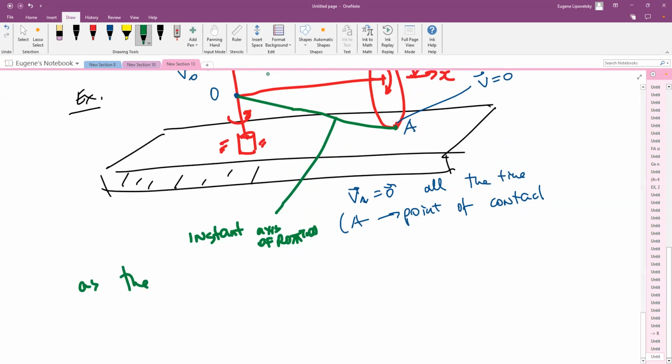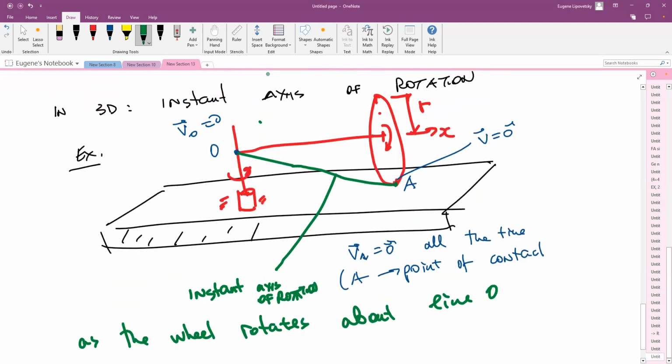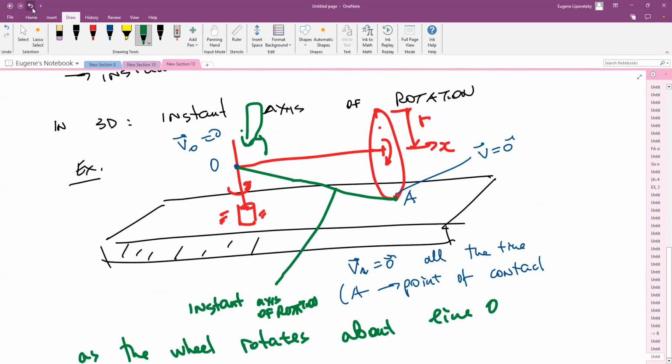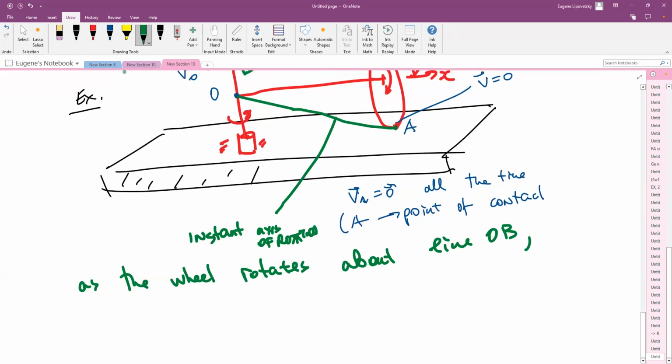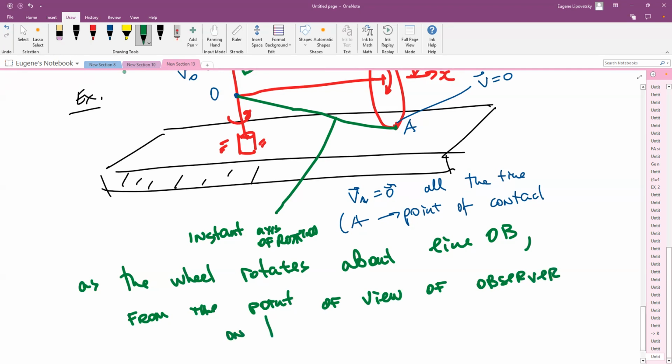As the wheel rotates about the axis, about the line OB, for example, from the point of view of an observer on the wheel, the axis of rotation moves.